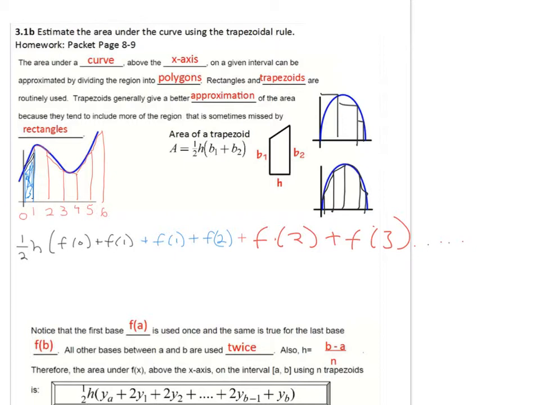And what we would end up doing is saying, all right, well, what we've got here is 1/2 height. We have 1 of the first base. But then after that, we've got 2 of every base in the middle.